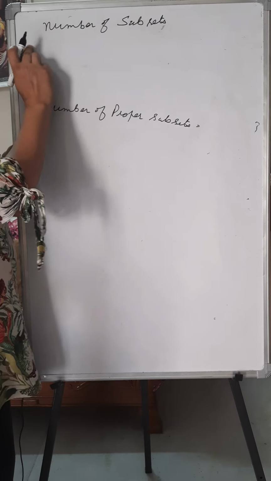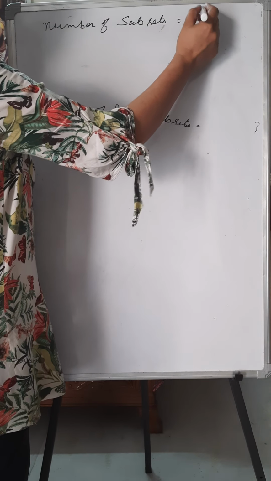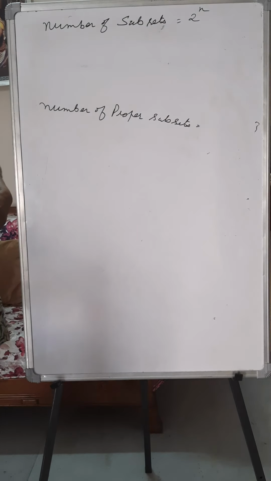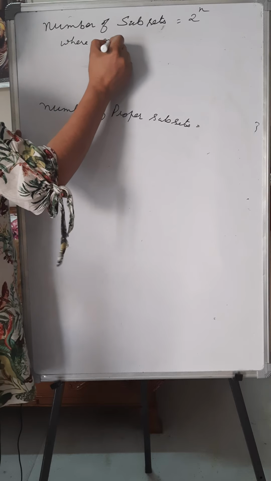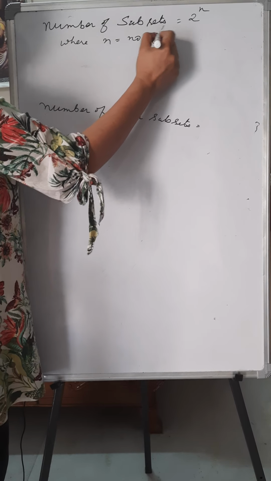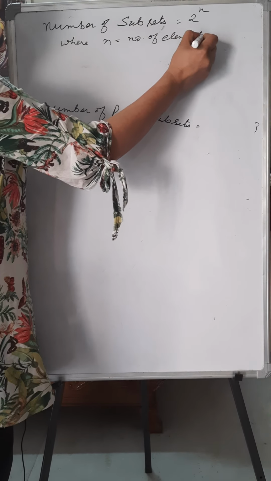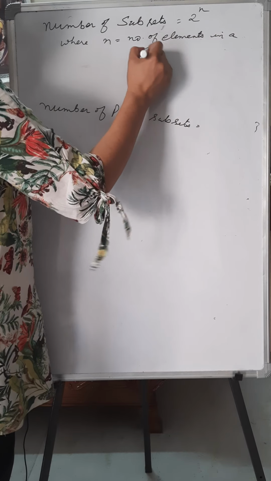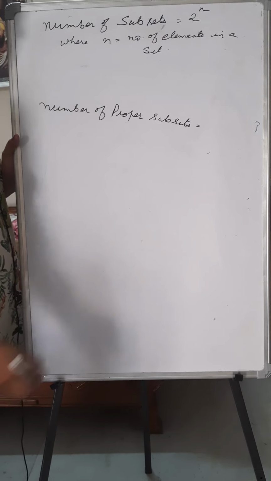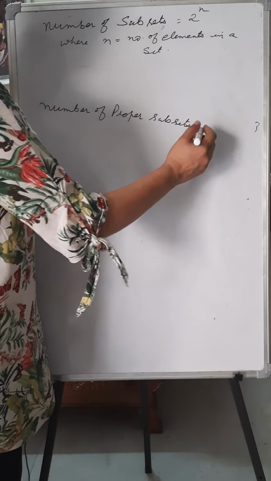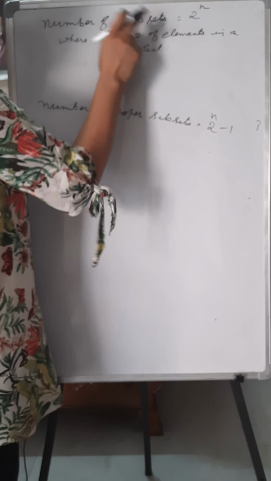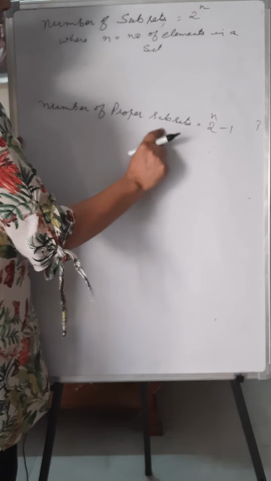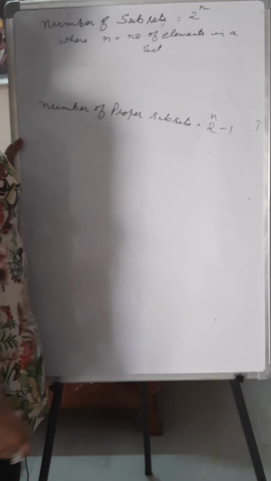This is the formula for the number of subsets: 2 raised to power n, where n is the number of elements in a set. And the formula for the number of proper subsets is 2 raised to power n minus 1, 1 less than the number of subsets.